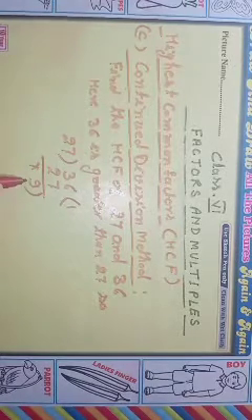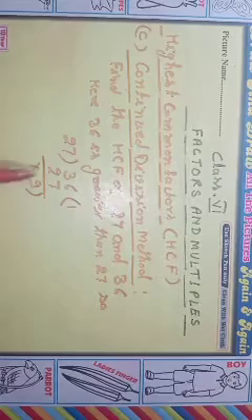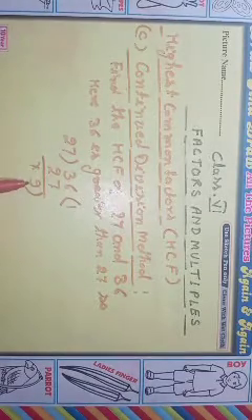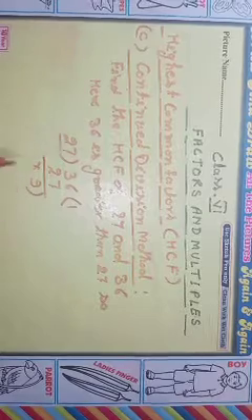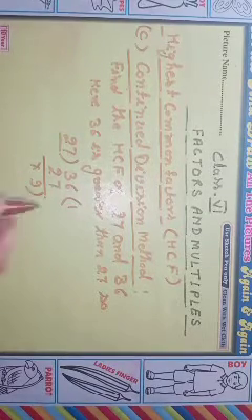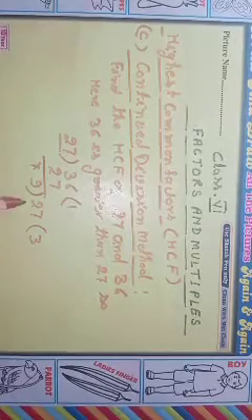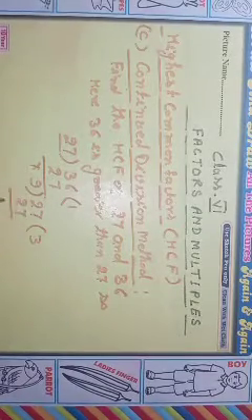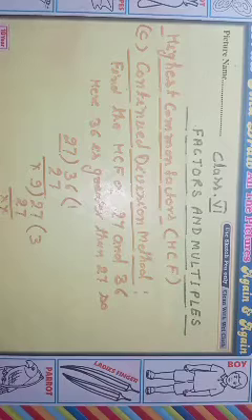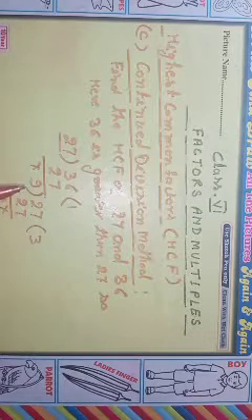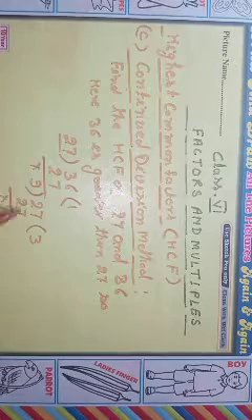Now this remainder is 9. Now again we divide 27 by the remainder. Now 27 is divided by 9. Here 9 threes are 27. Last we get the remainder 0. When we get the remainder 0, then the last divisor becomes the HCF.